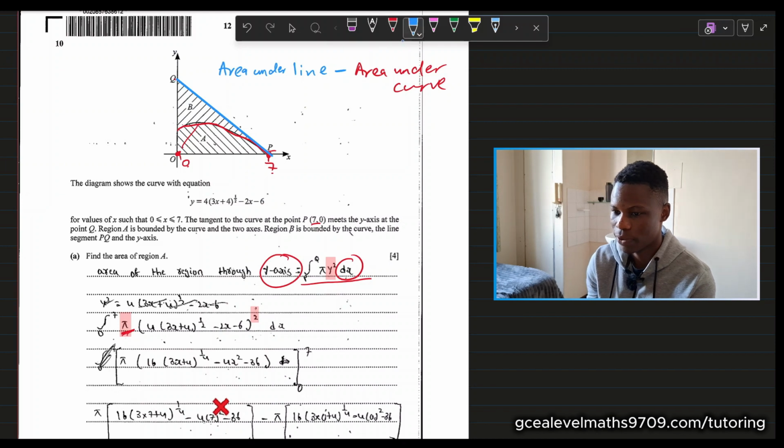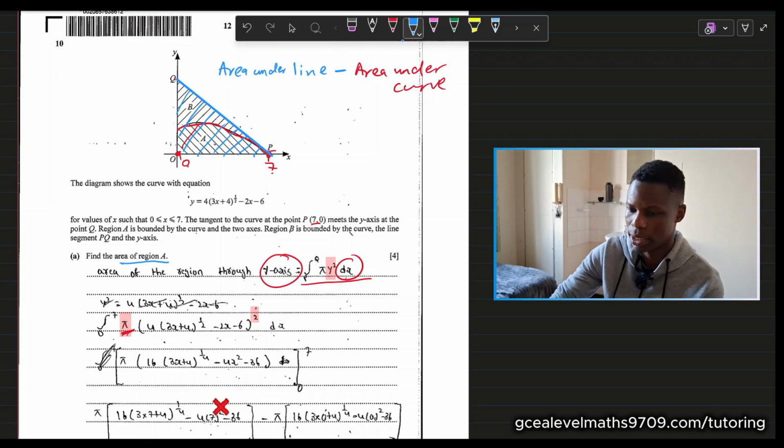Because if you find the area under the line, it's going to be this whole area here, but we want to subtract area A, which is what we would have calculated in part A, so that we only end up with region B.